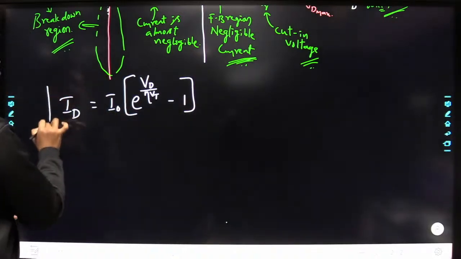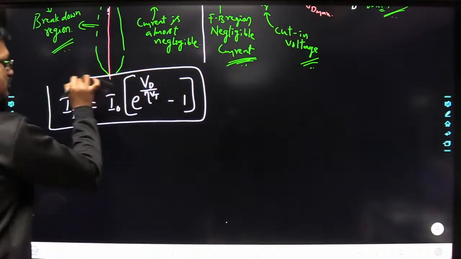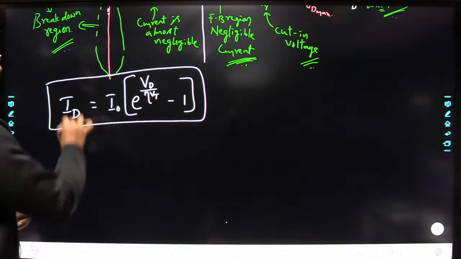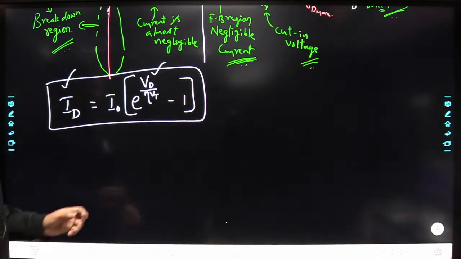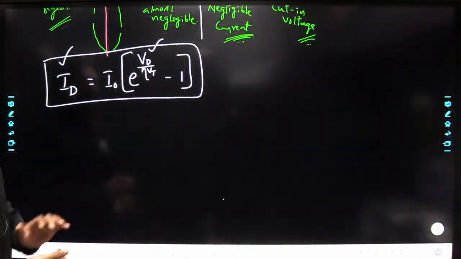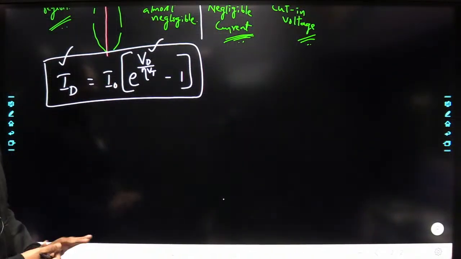So this is the relation between the diode current and diode voltage. ID is equal to I naught into e power VD by eta VT minus 1.